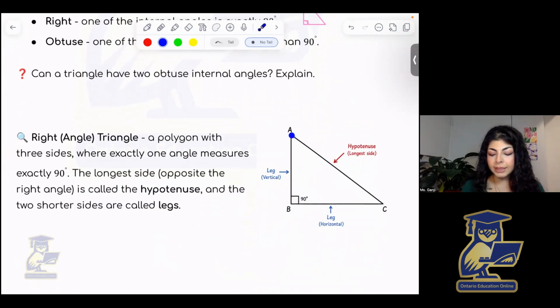The side that is opposite to this 90-degree angle is going to be the longest side of that triangle, and it is called the hypotenuse. The other two side lengths are just called the legs, and they can vary between vertical or horizontal depending on how you draw the shape.